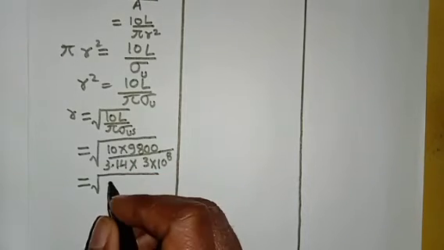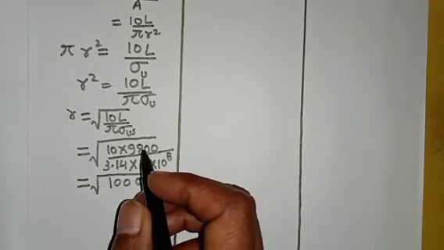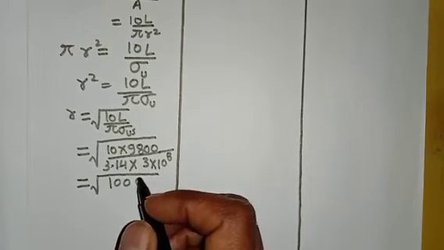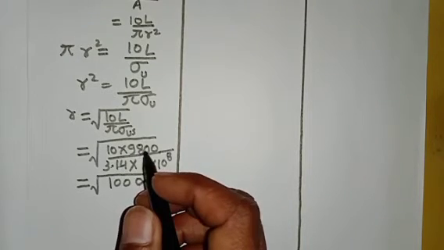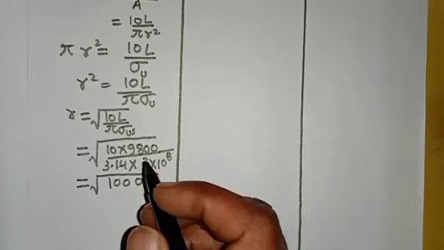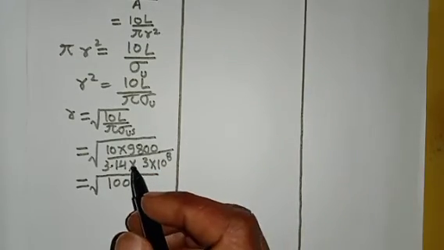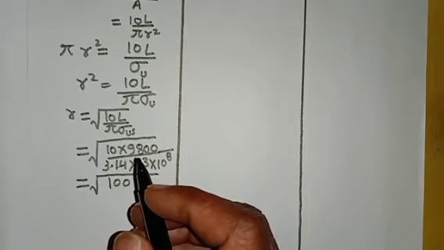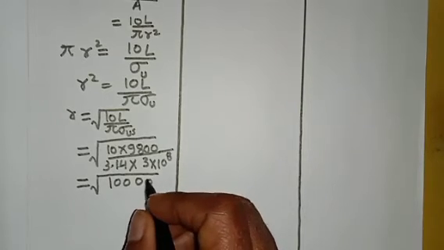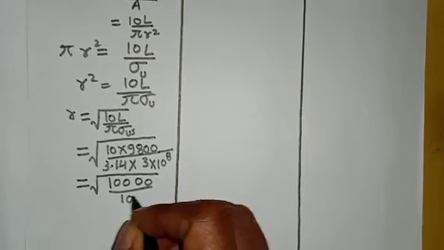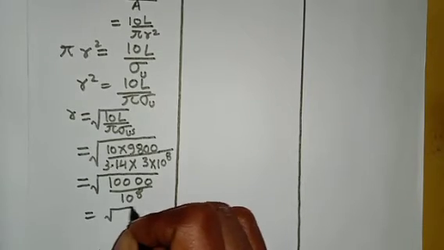I hope many students who have watched my earlier videos know that this is how I do these approximate calculations, which have approximately 5% error. But to save time, that is the most effective tool I have. So it will be 10,000 upon 10 to the power 8, so it will become 10 to the power minus 4.